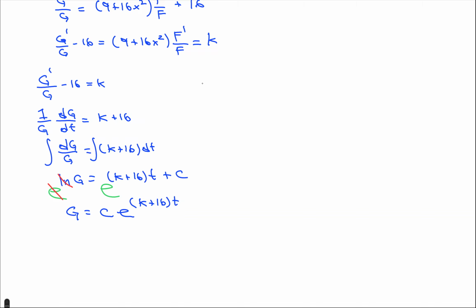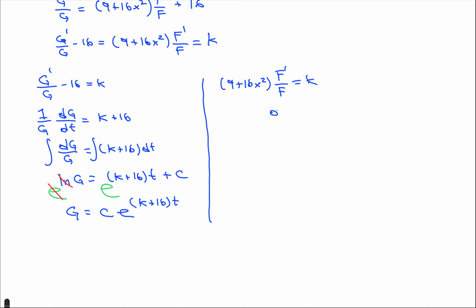All right, now for the solution to the f equation, let's do it on the side over here. 9 plus 16x squared times f prime over f equals k. So because f is a function of x, f is the dependent variable, x is the independent variable, I'm going to move the 9 plus 16x squared to the right-hand side by dividing it on both sides.